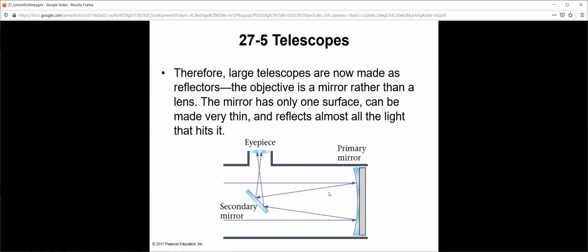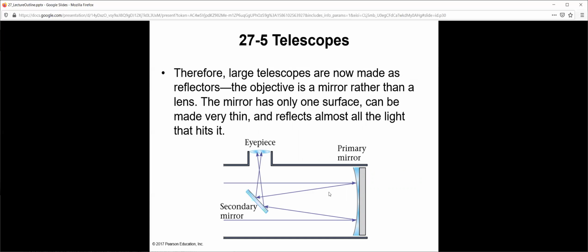Large telescopes are made as reflectors as opposed to refractors. The objective is a mirror rather than a lens, right? The mirror only has one surface, so it can be made very thin and reflects almost all the light that it hits.